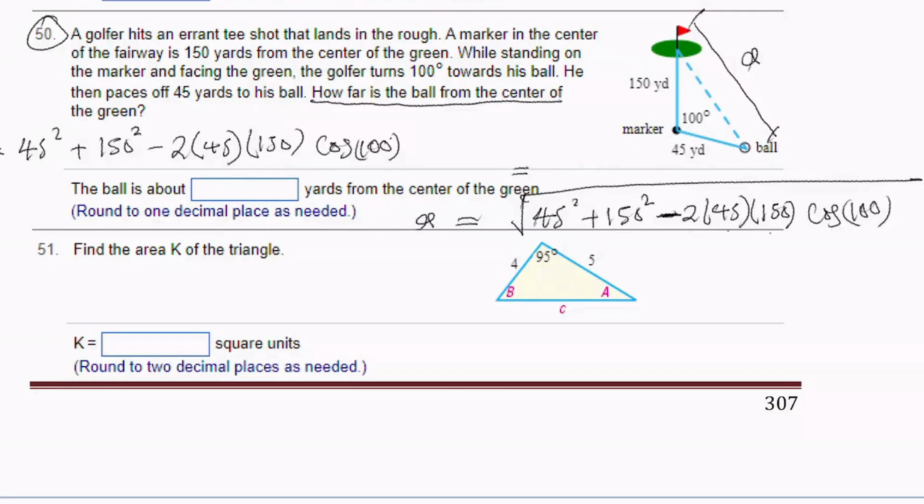If you confuse these, you may end up getting the wrong answer. So if you punch this in a calculator, you get something like 163.918, which rounds to 163.9, to one decimal place.